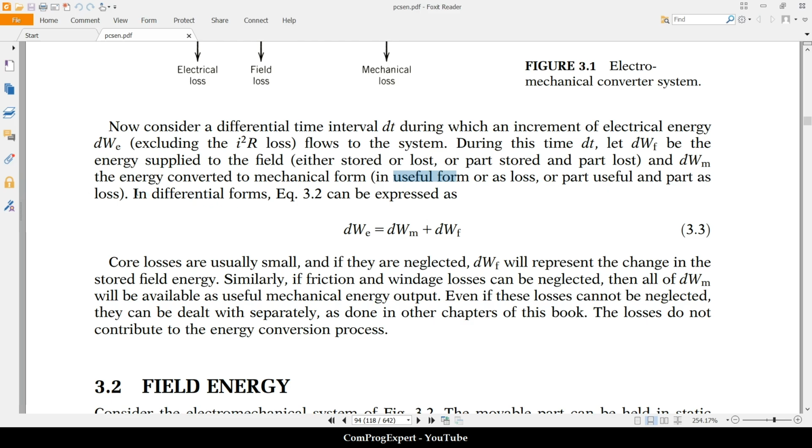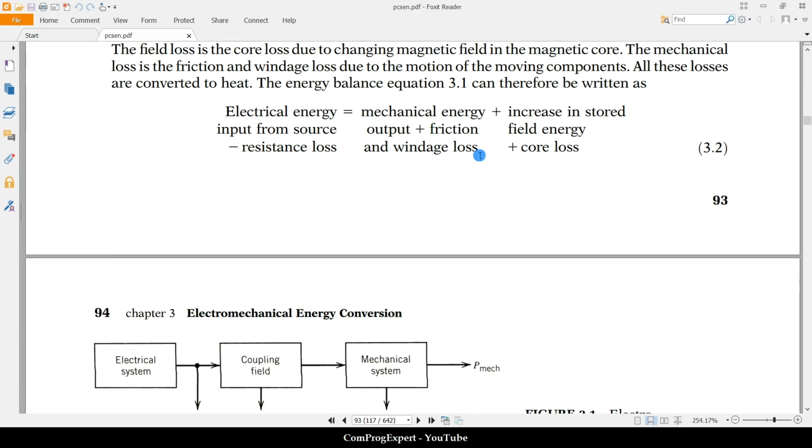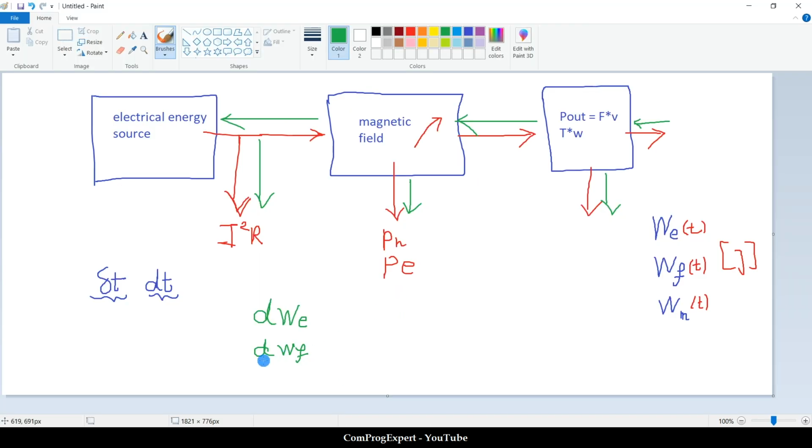In the differential form, this is dWe, the input electrical energy minus resistance loss, is the summation of these two. We can write dWe is equal to dWf plus dWm.